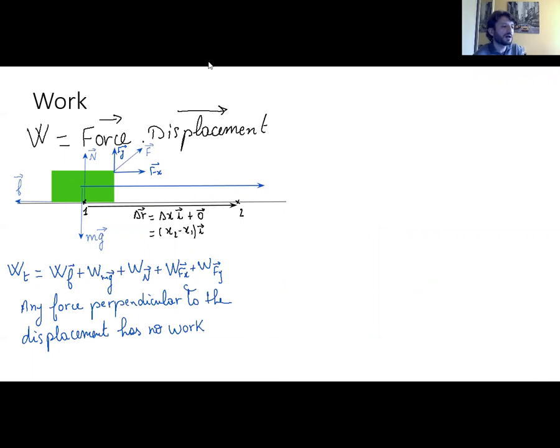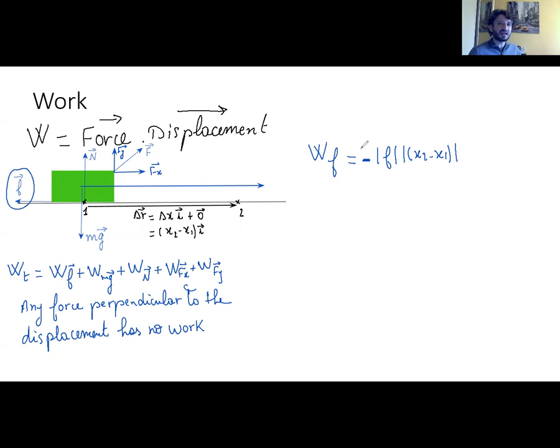Now, first of all, I want to calculate omega f. f is opposite to the displacement, so we have to write minus, and after that you put its value, F times the displacement x2 minus x1. It's simple, just like this.